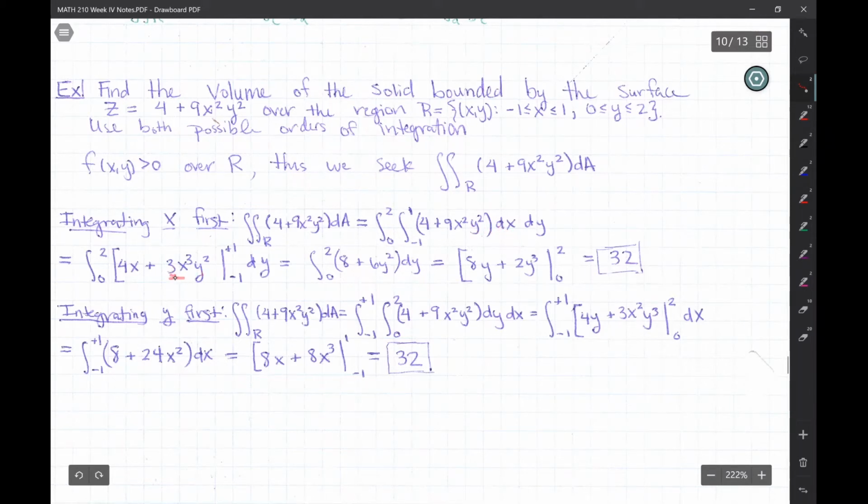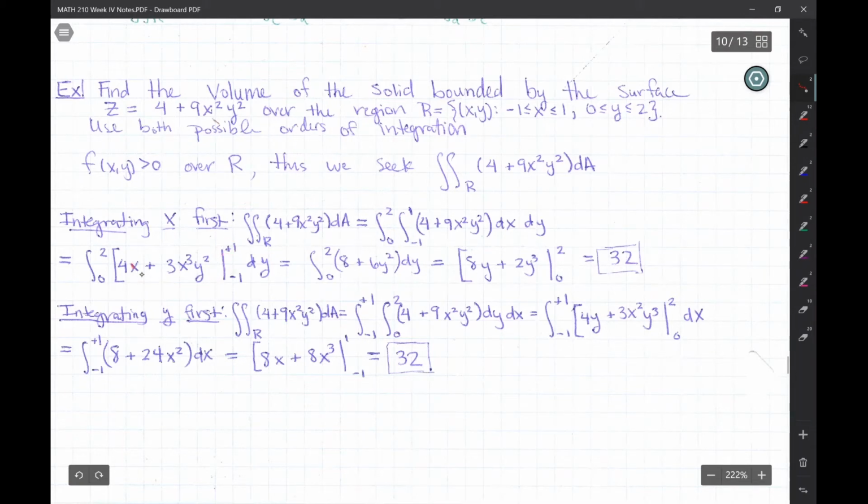The only thing that gets integrated is the x, and so you'll get 3x cubed, because the integral of 9x squared is 3x cubed, and y just comes along as a constant there. And evaluate the integral from -1 to 1. How do you plug these values in? Where do you plug them in here?